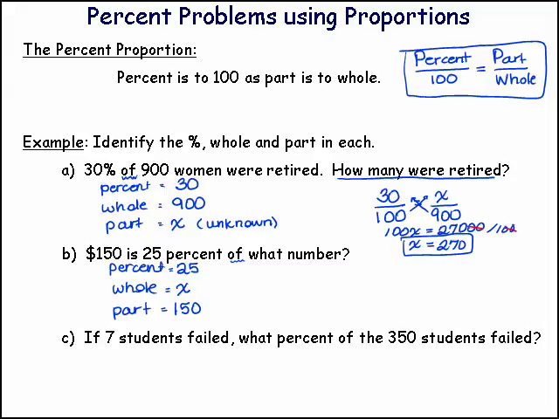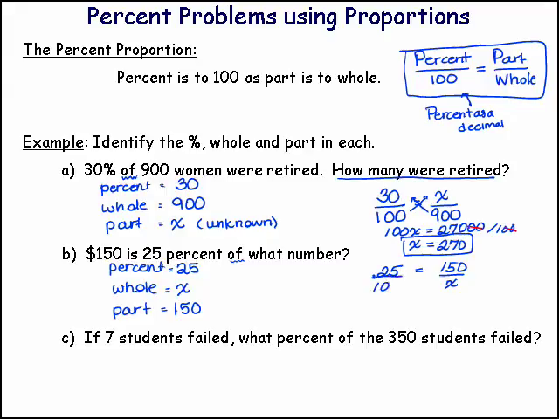So now we can plug it into our problem. You could do it as 25 over 100, or you could have written the percent as a decimal. If you like dealing with decimals better than fractions, you could have put 0.25 is equal to the part, which is 150, over the whole. What this gets you into, though, is dealing with decimal values, which I personally would rather not do, but that's up to you.